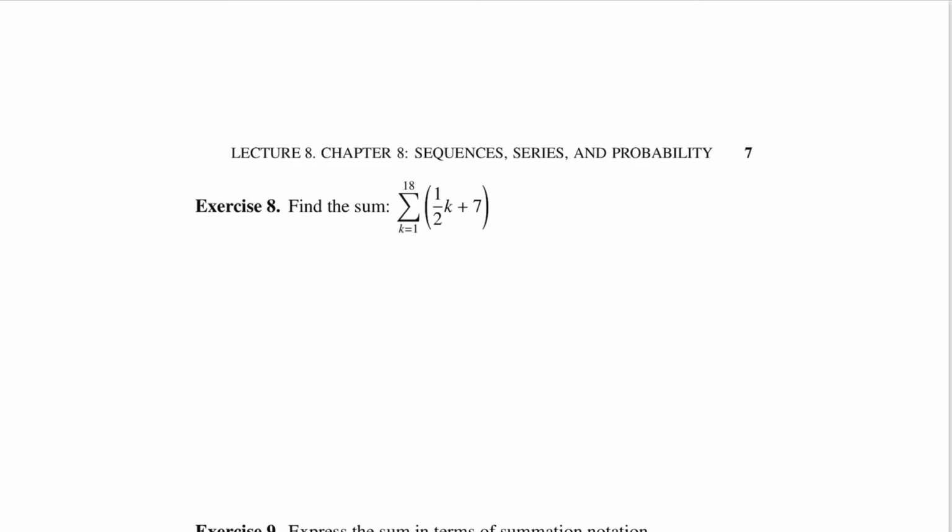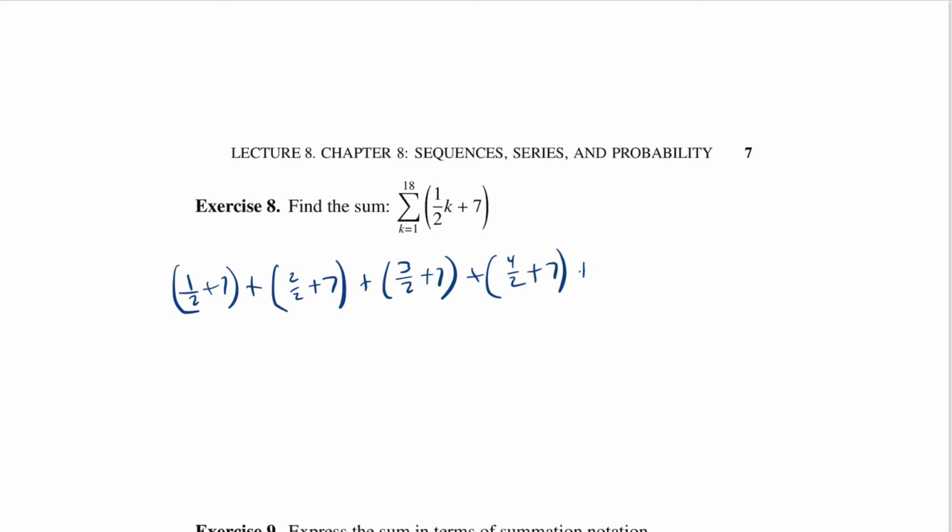Dot, dot, dot, until we get to, I'm going to go with 17. And then finally 18 is where we stop. Okay, so this is our 18th term, 17th term, first, second, third, fourth, etc.